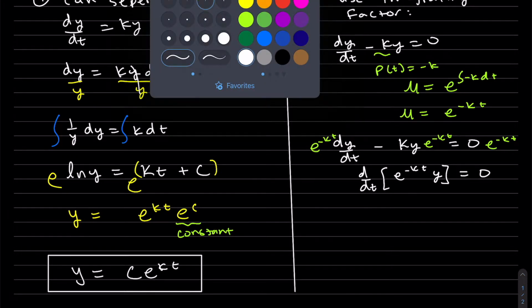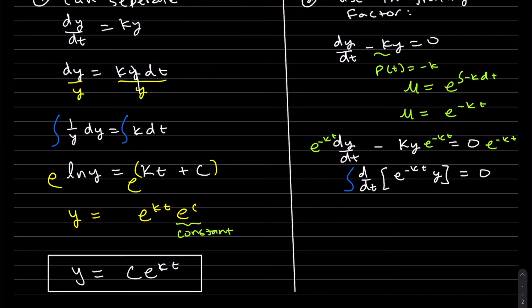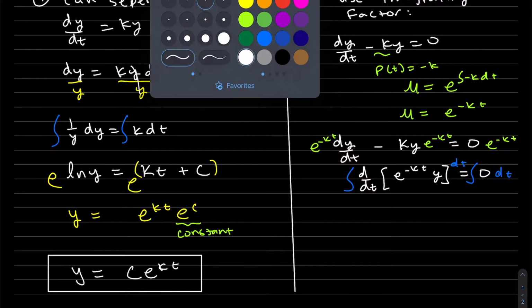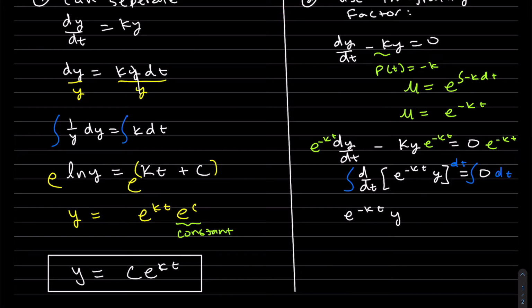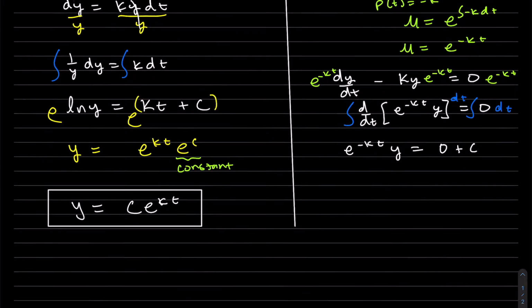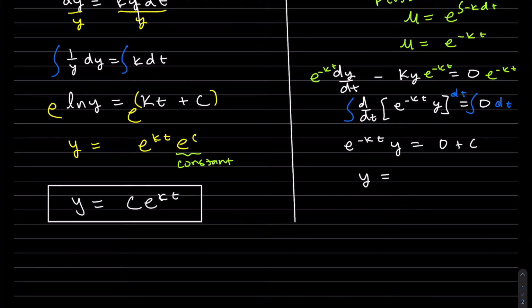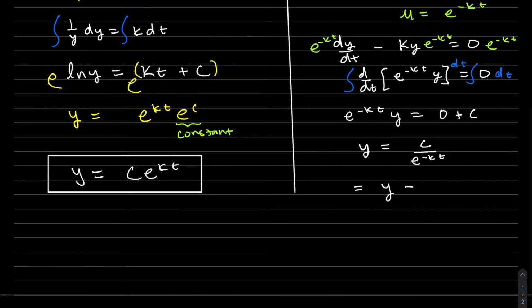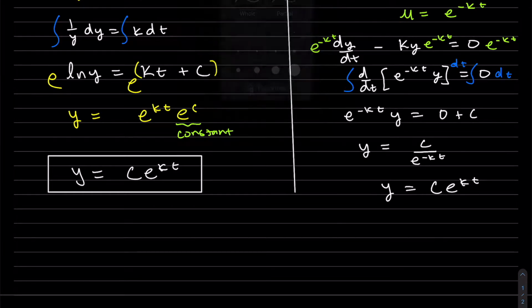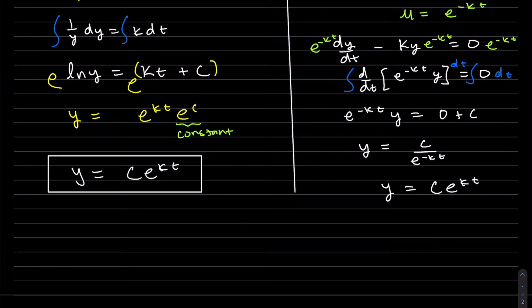So now integrate both sides in terms of t. So we get a plus a constant. Solve for y. This is our answer. Same answer.